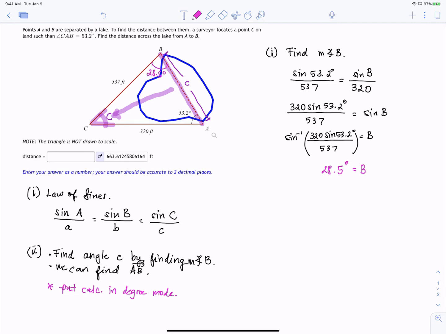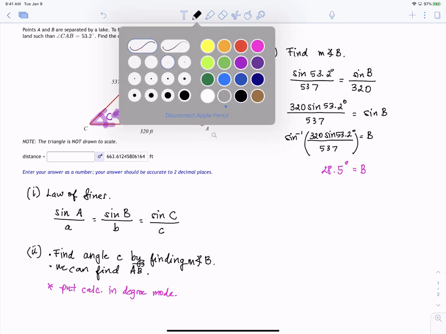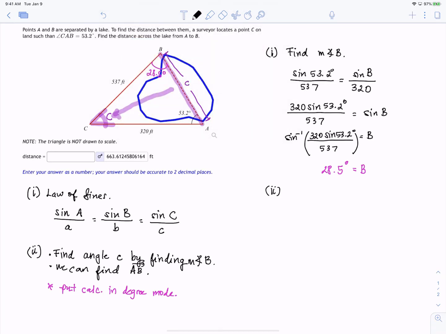So now what is angle C? So the next part, part 2, would be to calculate angle C. And so the measurement of angle C is equal to, well, 180 degrees, because that's the total number of degrees in a triangle, minus the 53.2, and then minus the 28.5.